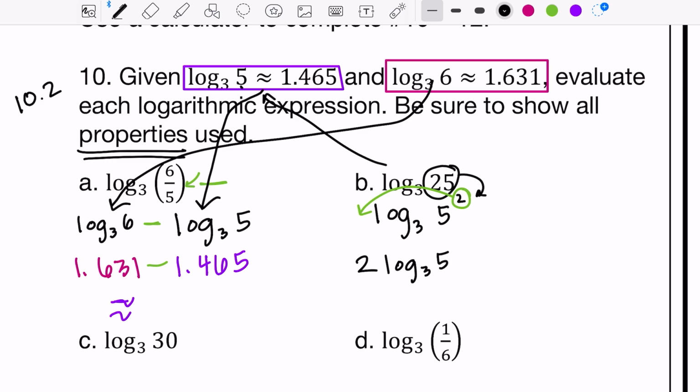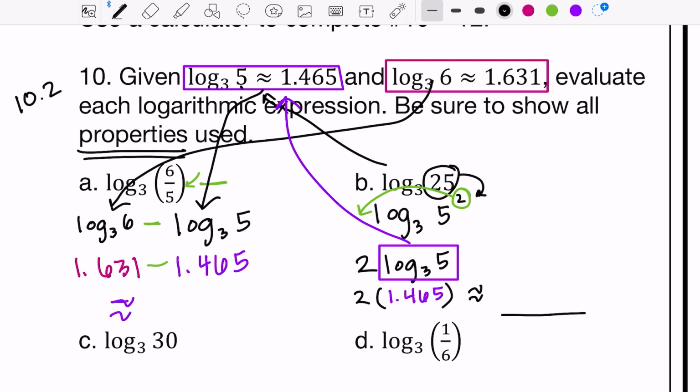And if you look right there, we have one of the pieces that they gave us up here. So now all we have to do is 2 times 1.465. And that'll give us our answer. Again, I don't have a calculator with me right now, so you'll have to fill in that blank.